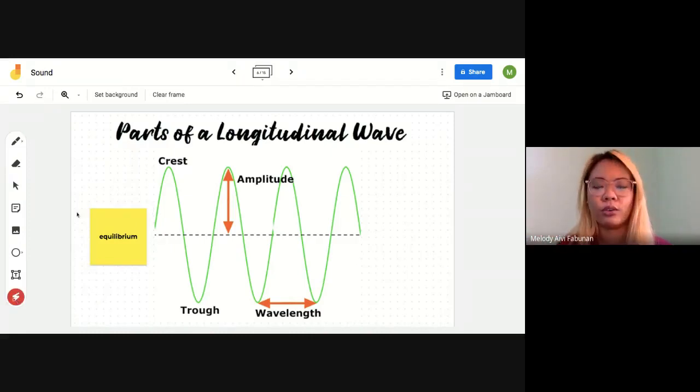Let's continue. So opposite your crest, if crest is the highest part of the wave, then the lowest part of the wave is what we call your trough. So again, the highest part of the wave is your crest. The lowest part of the wave is your trough.